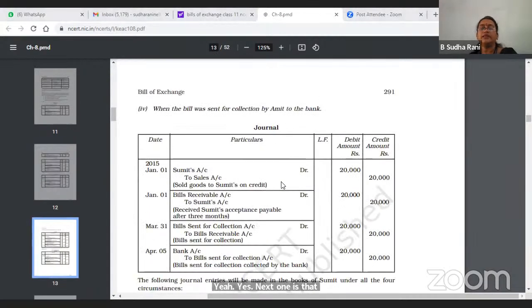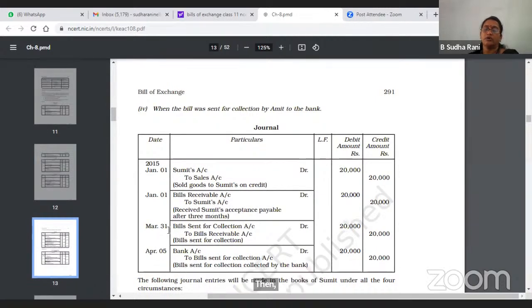The next one is the fourth one: bill sent to bank for collection. Here again, first 2 entries remain the same for the drawer. The third entry is for the transaction, that is what he did. He sent the bill to the bank for collection on his behalf, 3 days before.